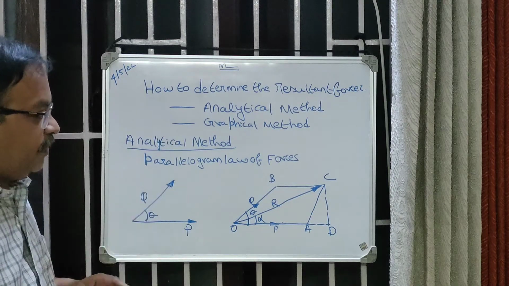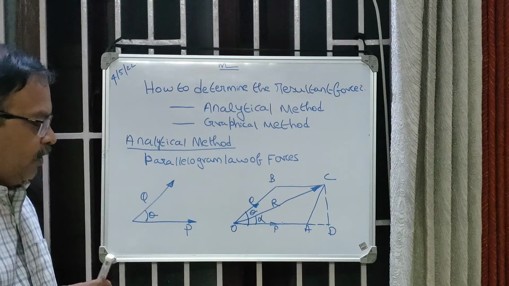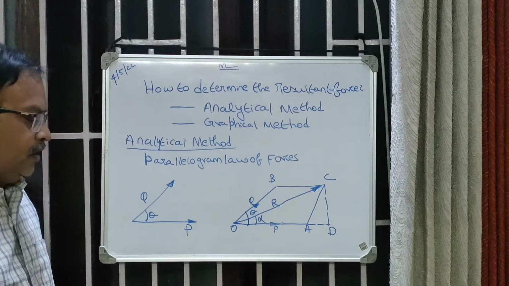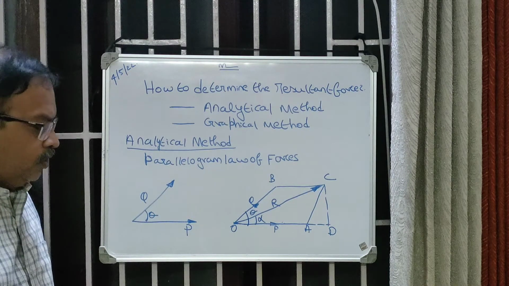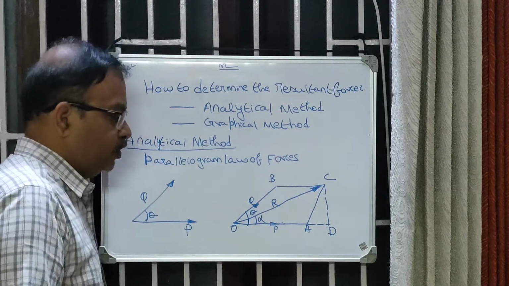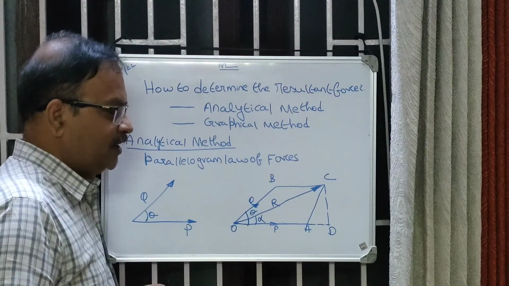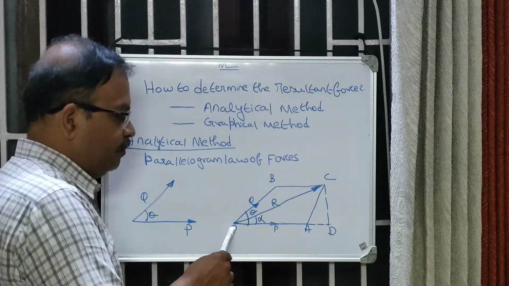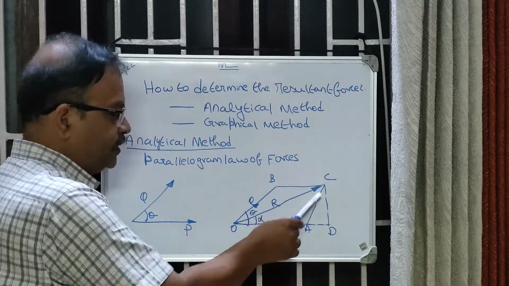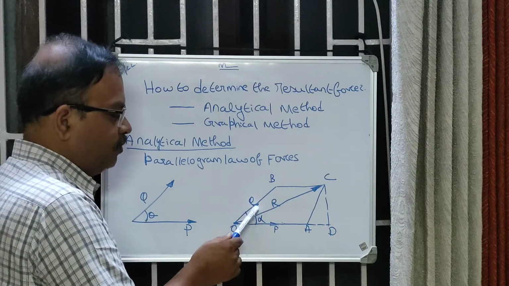Now we will see how to determine the resultant of a force using the parallelogram law of forces. I have taken two forces P and Q acting at an angle of theta. Now I am constructing a parallelogram using these two forces. These two forces have become the adjacent sides of a parallelogram, and we have completed the parallelogram O, B, C, A. O, B, C, A represents the parallelogram with P and Q forming the adjacent sides.